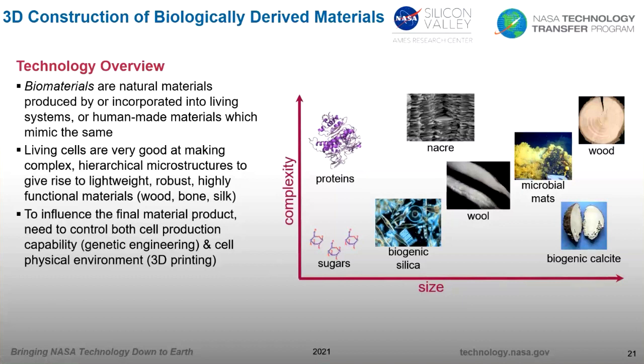All right, so biomaterials, and I'll just say up front that I could fill an entire talk with arguments over terminology for describing different categories and what does and doesn't count as a biomaterial, but for our purposes, we're going to define it very, very broadly as non-living materials made by life or incorporated into living systems.